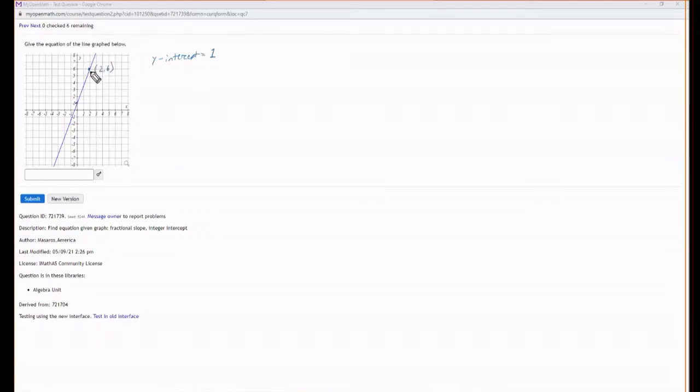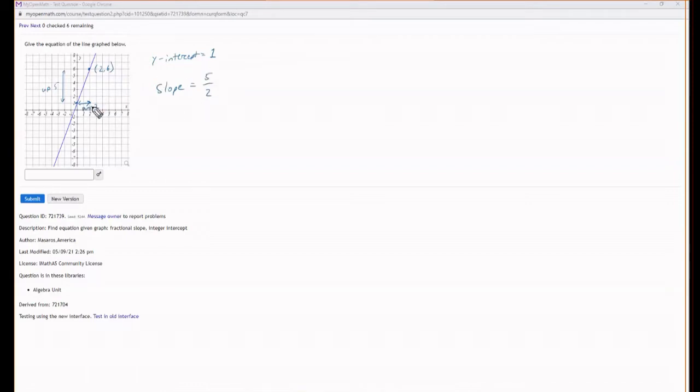Then I ask, to get from my intercept, how far up or down do I have to go? I had to move up by 5, and I have to move over by 2. So my slope is up by 5 over by 2, rise over run, so my slope is 5/2.